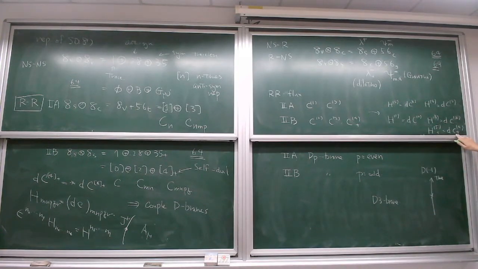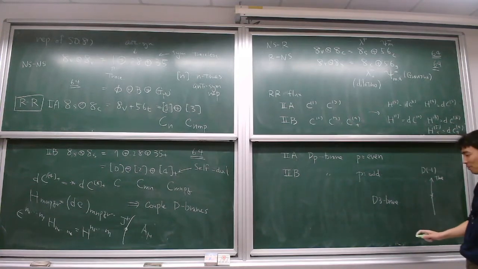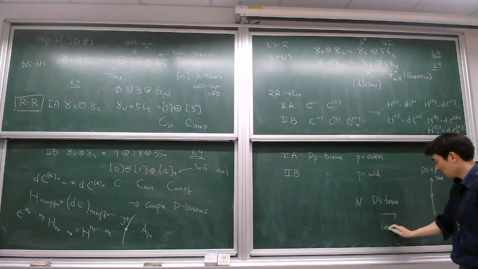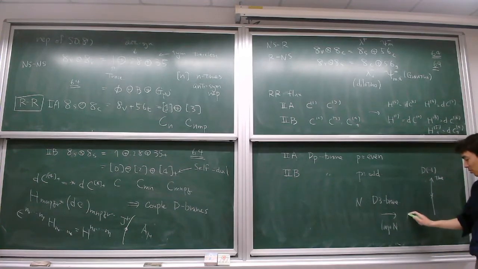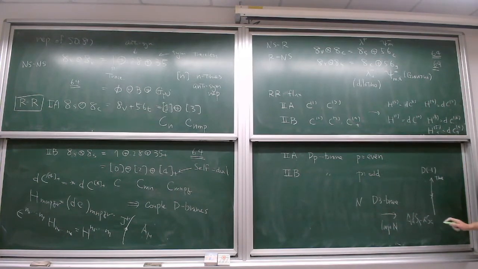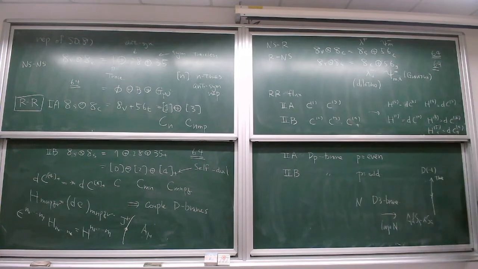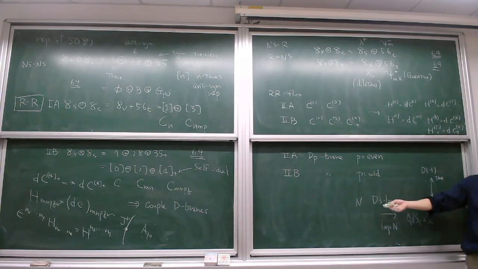The reason is, I told you, your favorite D3 branes: if you have N D3 branes and take the large N limit, you get AdS5 cross S5. On the D3 brane, it's three spatial dimensions and one time dimension. So the world volume is 3 plus 1 dimensional, on which the N=4 supersymmetric Yang-Mills theory lives.